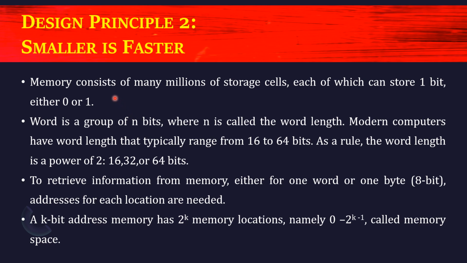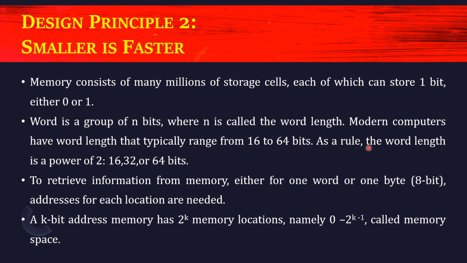Memory consists of many millions of storage cells, each of which can store one bit, either as 0 or 1. A word is a group of n bits where n is called the word length. So if it is a 32-bit word, it means that it consists of 32 bits. Modern computers have word lengths typically ranging from 16 to 64 bits.